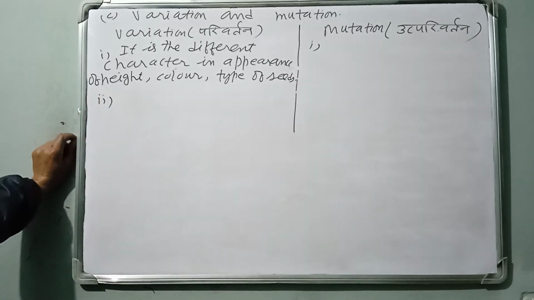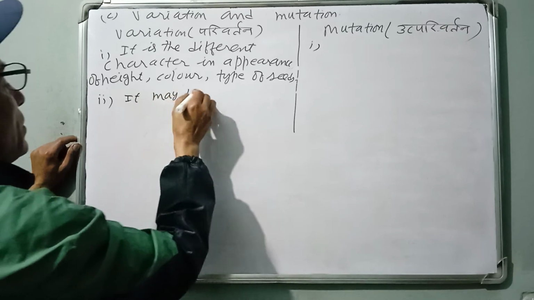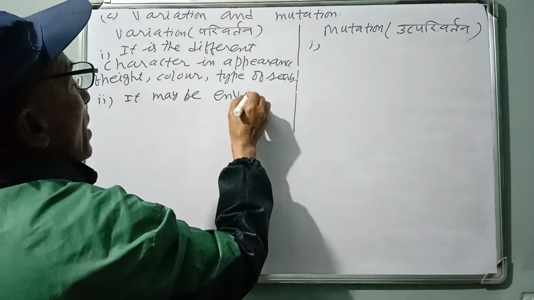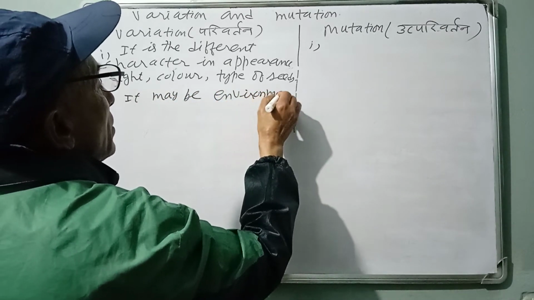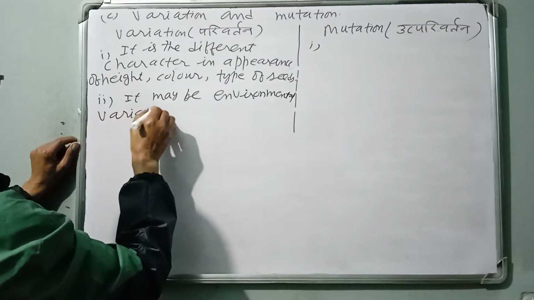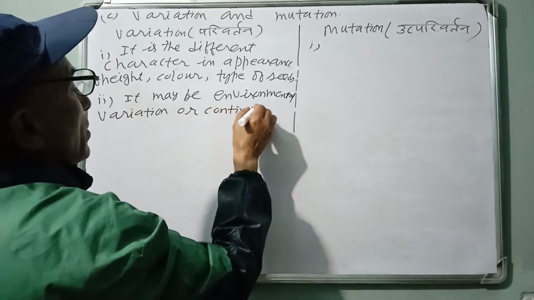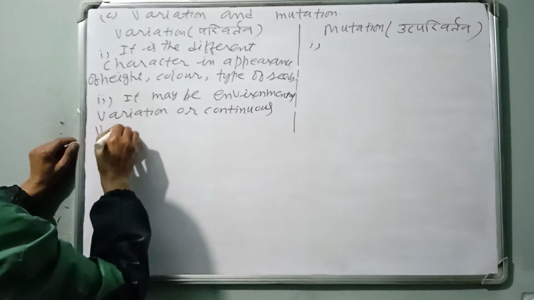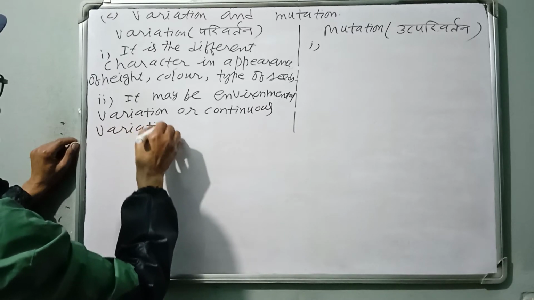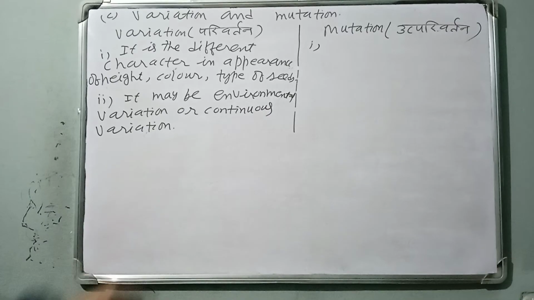Variation may be continuous, environmental variation, or genetic variation. Continuous variation was proposed by Charles Darwin.